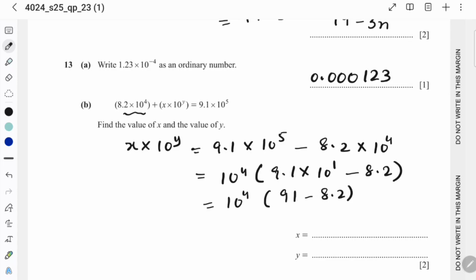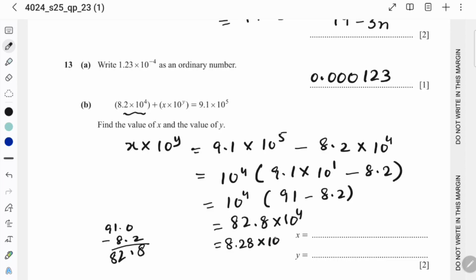Now you subtract: 91.0 minus 8.2 becomes 82.8. 82.8 times 10 to the power 4 can be written as 8.28 times 10 to the power of 5.